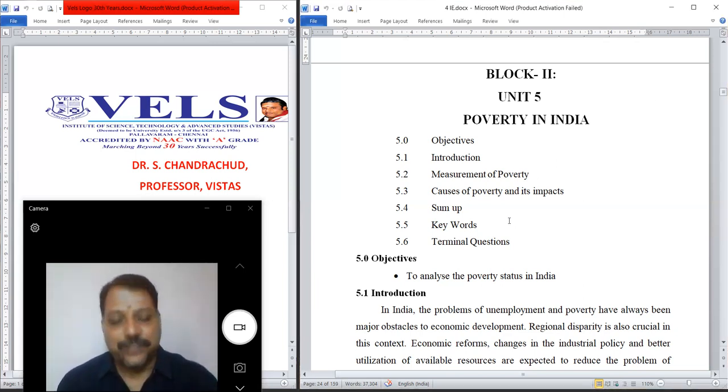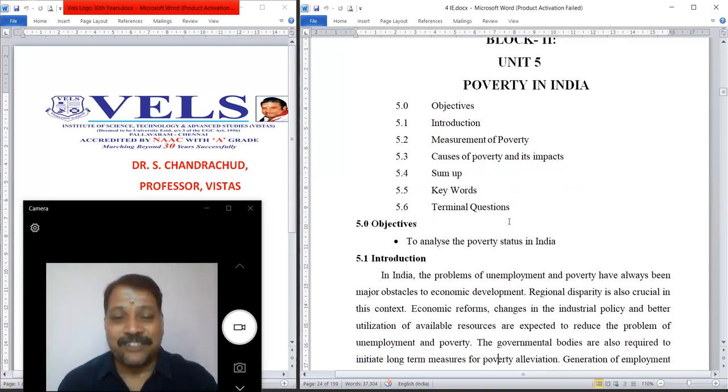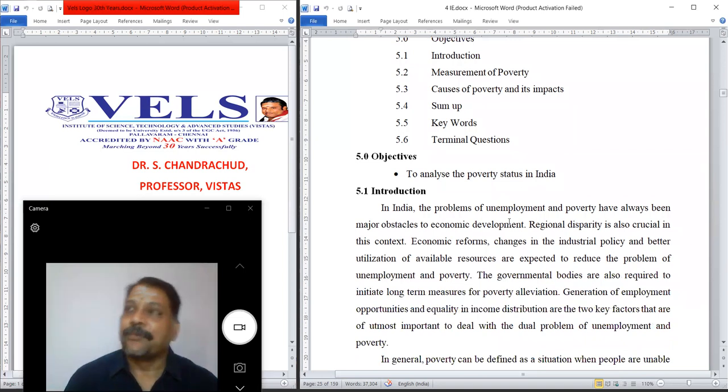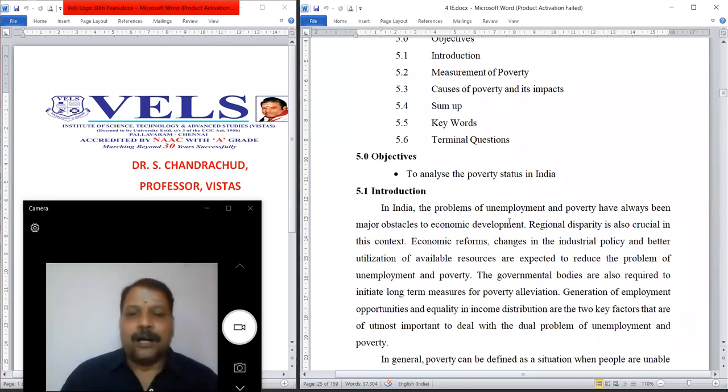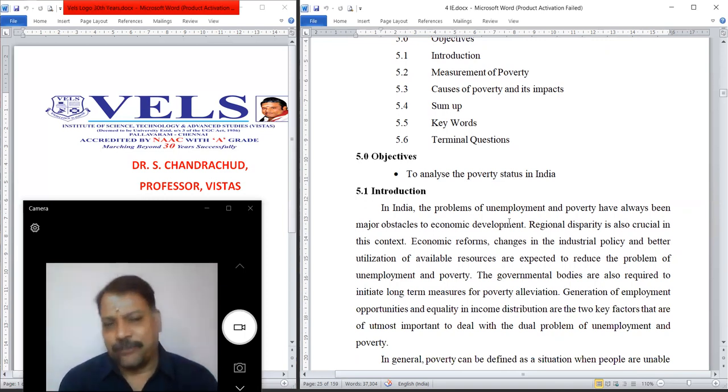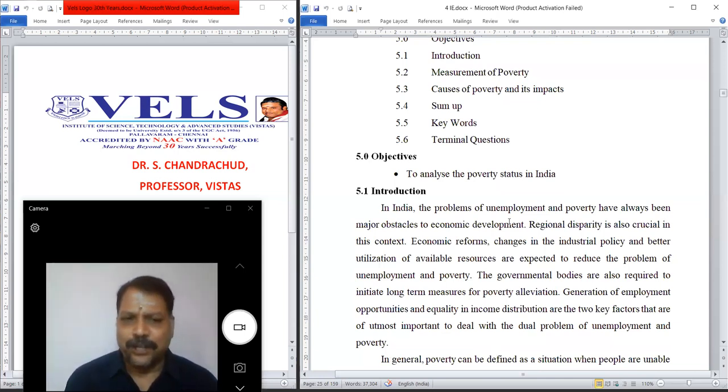The objective of this unit is to analyze what the poverty status in India is. Let us start the class. In India, the problems of unemployment and poverty have always been major obstacles to economic development. The regional disparity is also crucial in this context.